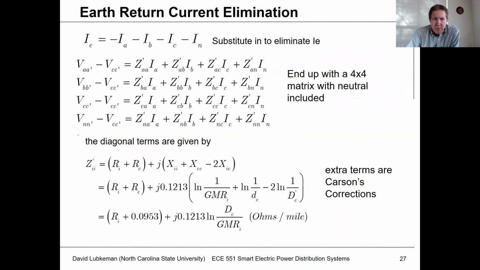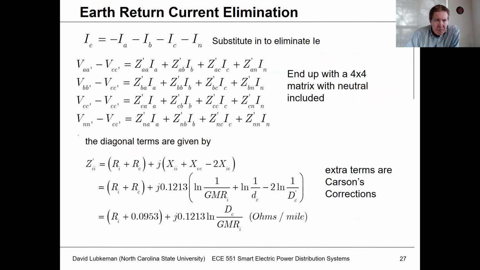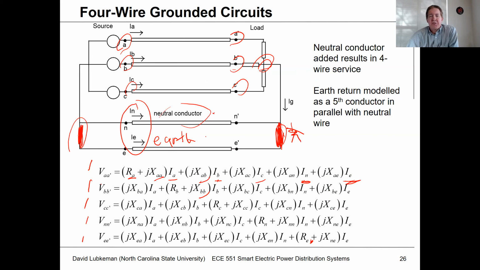And so how do we simplify this? Because we don't really want to work with 5 equations and 5 unknowns. It's going to be kind of complicated to solve. So we're going to go through some simplifying steps for our model. The first thing is we're going to make use of the fact that this current IE is going to be a function of the other 4 currents.